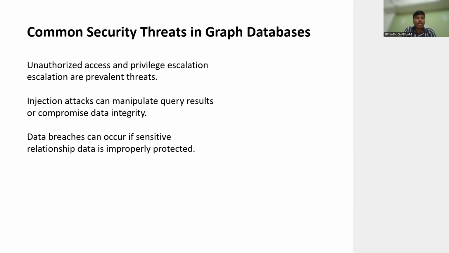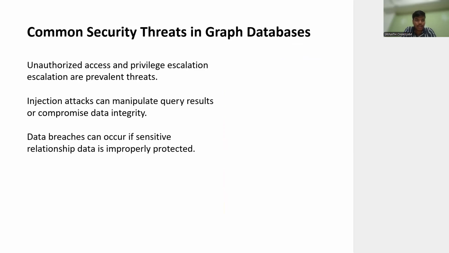Next is common security threats in graph databases. Unauthorized access and privilege escalation are prevalent threats. Injection attacks can manipulate query results or compromise data integrity.